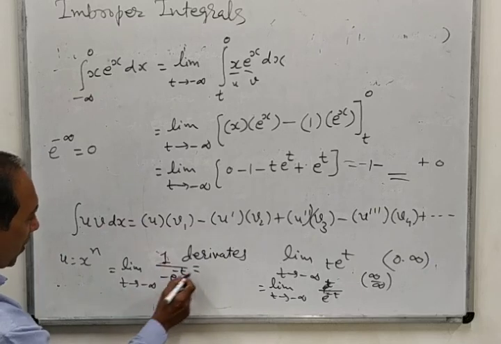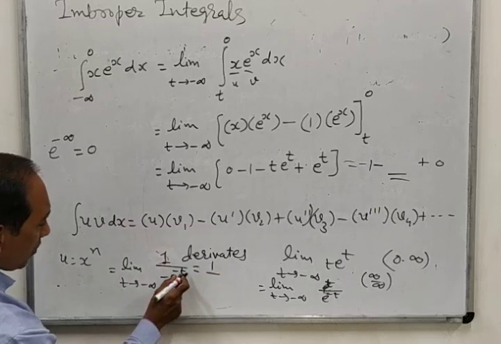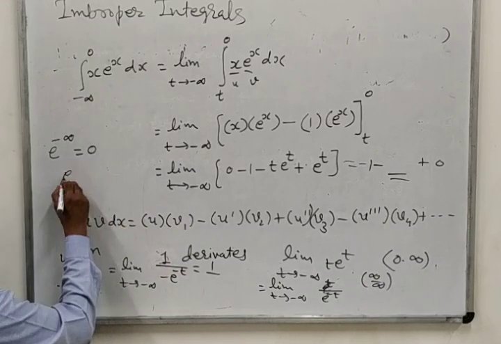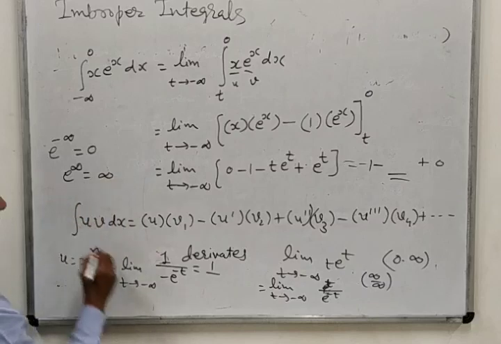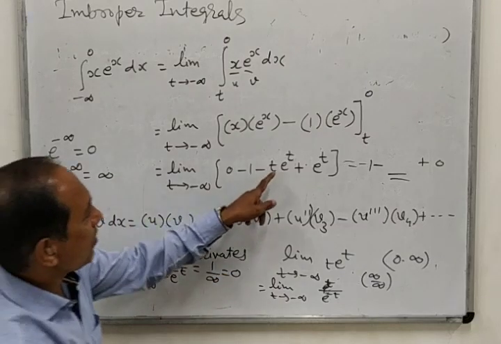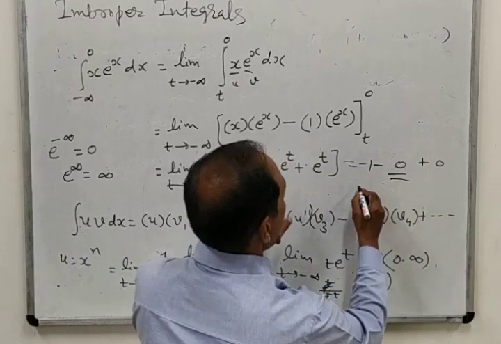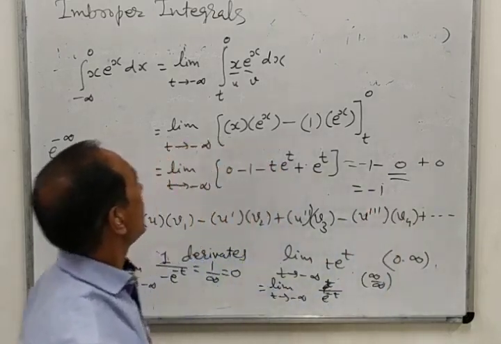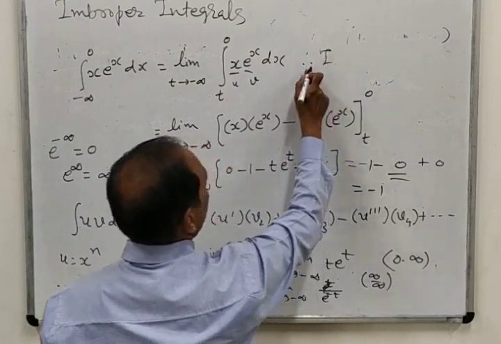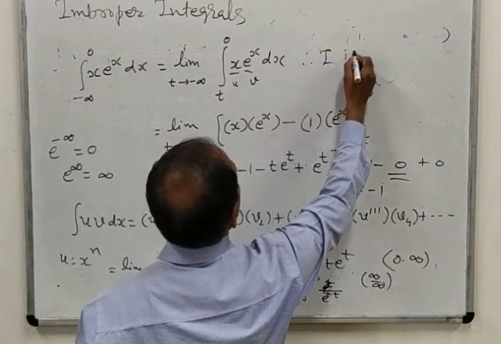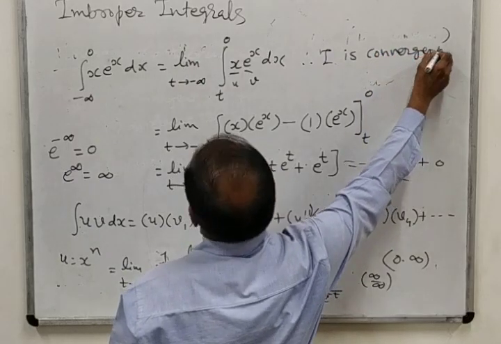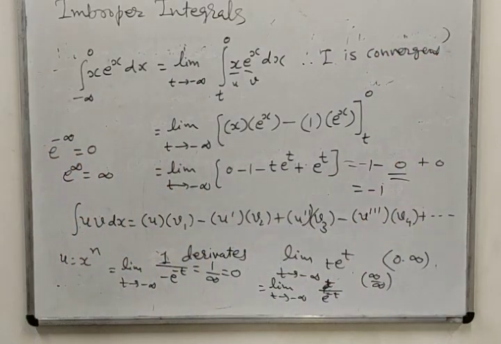So 1 upon e raised to minus t, with t going to minus infinity, is e raised to infinity, which is infinity. So 1 upon infinity is 0. So the value of this limit is also 0. So finally the answer is minus 1, and therefore we say that the integral is convergent. So this is the example and this is the solution.